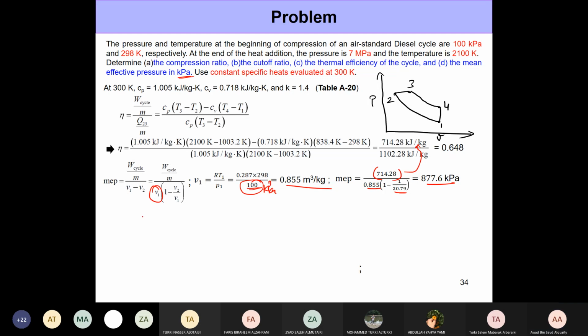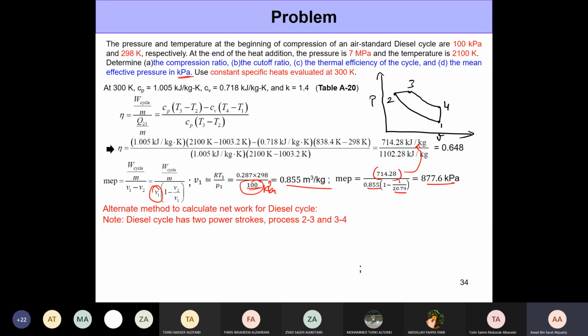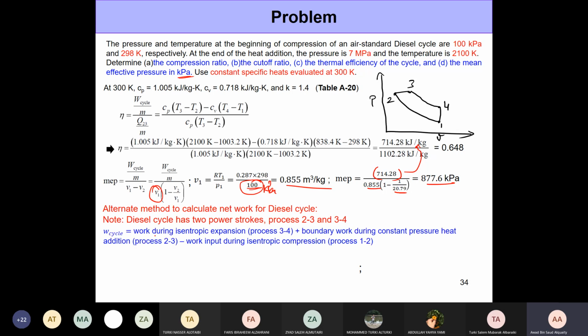Now, I also want to show you the other method of calculating the net work output of the cycle, right? Which is by making use of the work output minus work input. You just have to be careful to take into account the work output that's happening during the process 2 to 3, because that's something you could easily neglect.